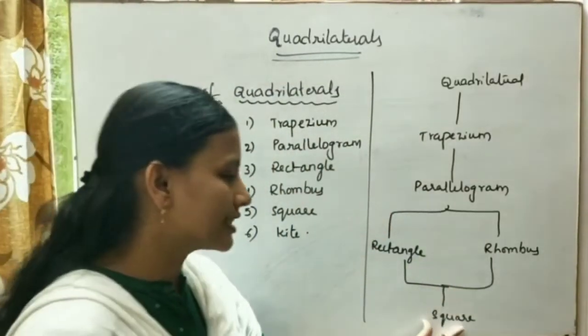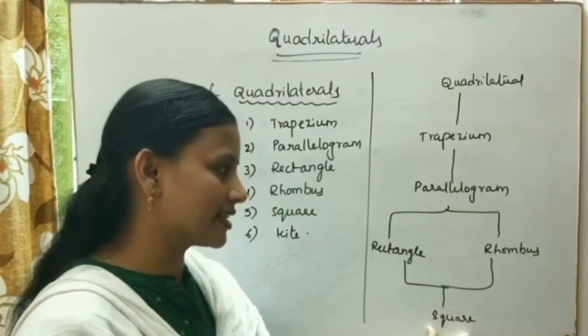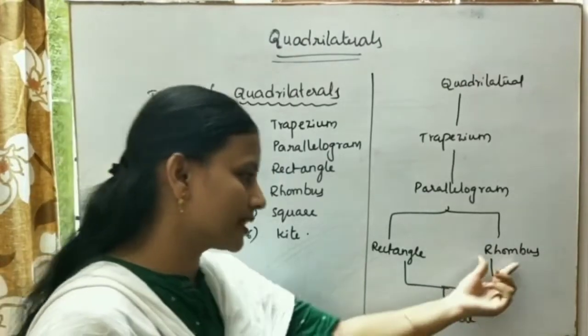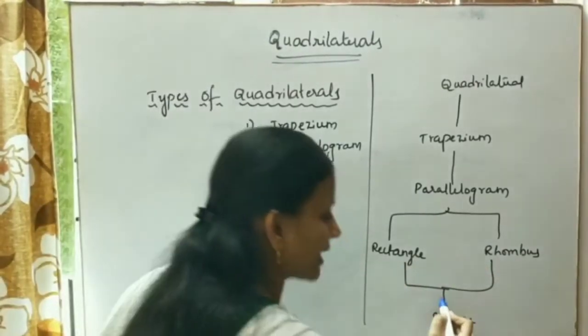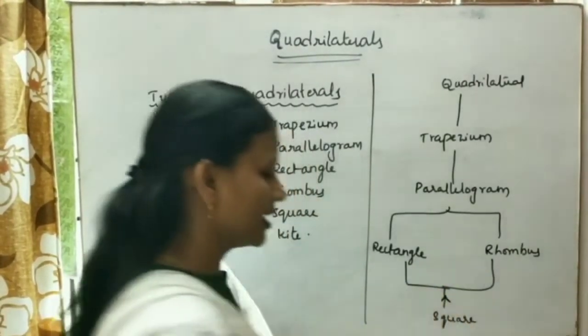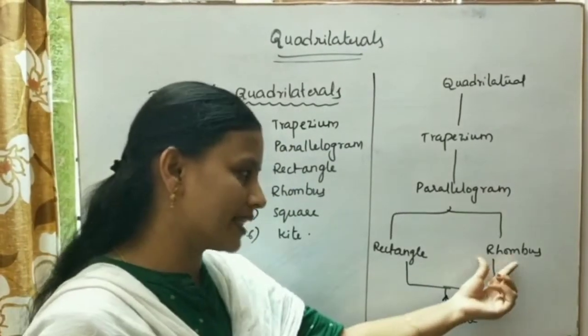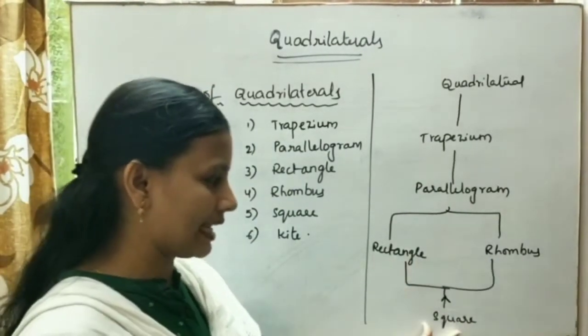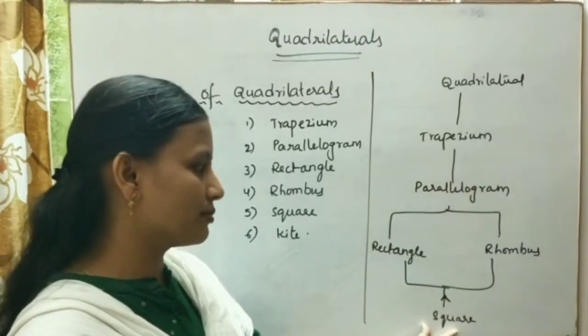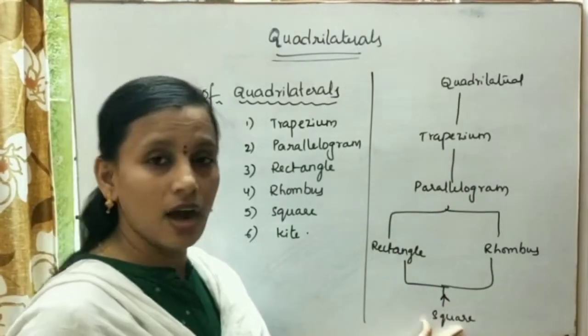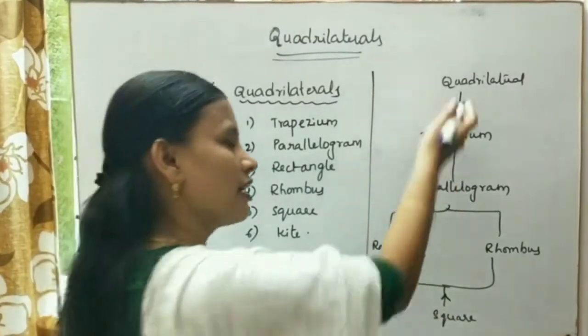So all squares are rhombuses, and all squares are rectangles. That's why I am giving the arrow mark like this. All squares are parallelograms. All squares are trapeziums, and all squares are, we know already, quadrilaterals.